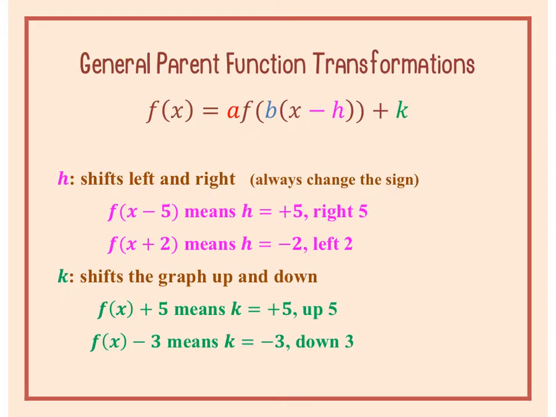Okay. Now H and K. H always has to be inside the parentheses with x. So here we see that the H is with the x. Now, why did I highlight this negative? Well, because we're actually going to change the sign. If we see a -2 here, that means H is a +2.